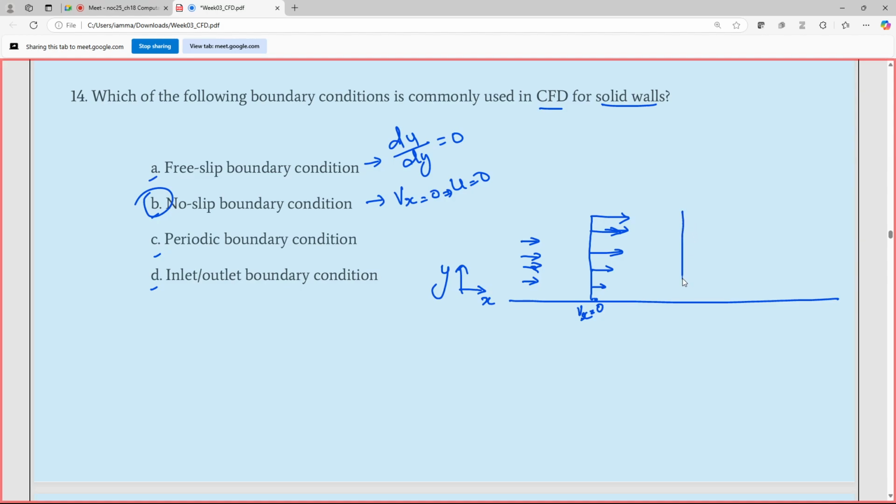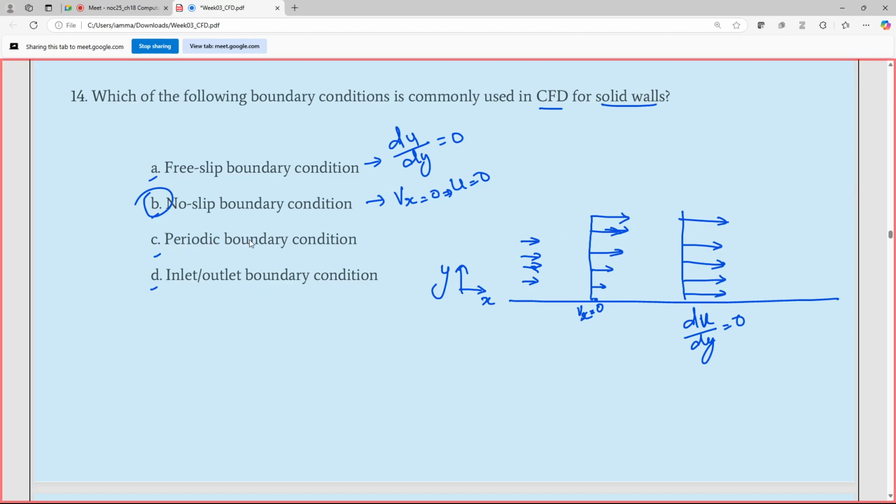Then the velocity profile will be a regular one, and that variation in velocity won't be there. If you want to remove this gradual variation or development layer, then free slip boundary conditions are given, that is, dou u by dou y is equal to 0 at the wall.